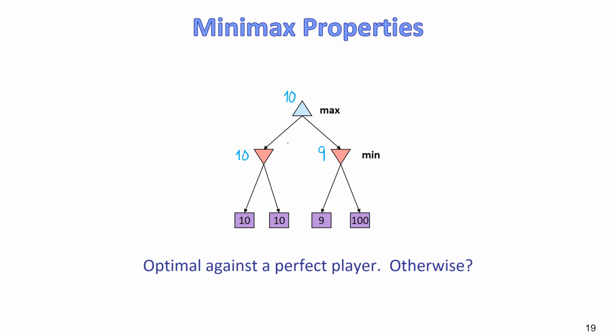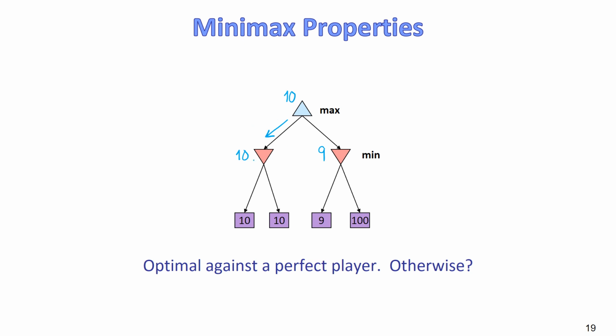Very good. So the value of that game is 10. Now, since the value of this game is 10, what will be the actions of the players? So this player will take the left side.